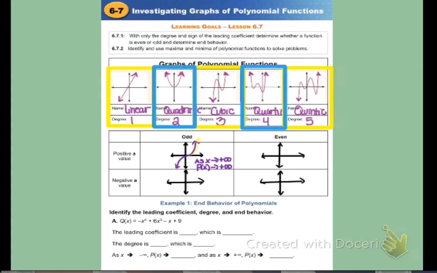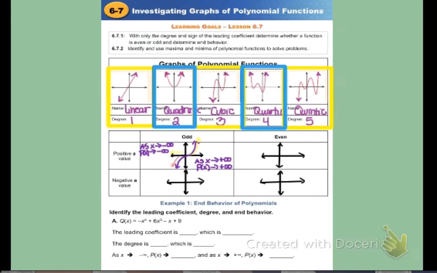Now on the other side of the y-axis, as the x values are approaching negative infinity, in other words, as they're going to the left, then the values of the function p of x are approaching negative infinity, and that's because it's going down.